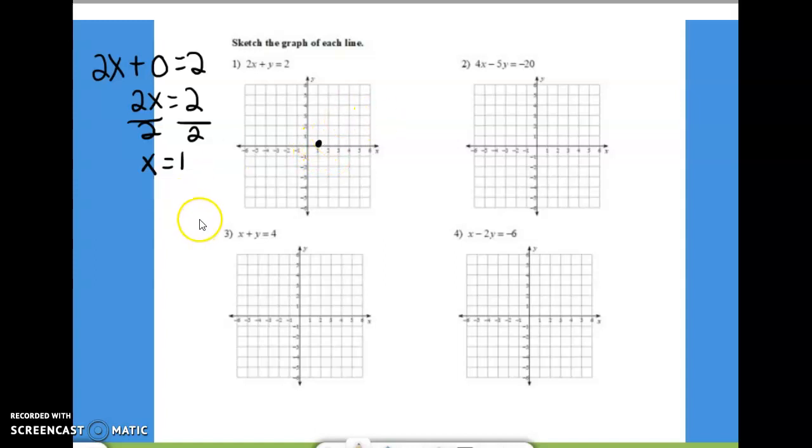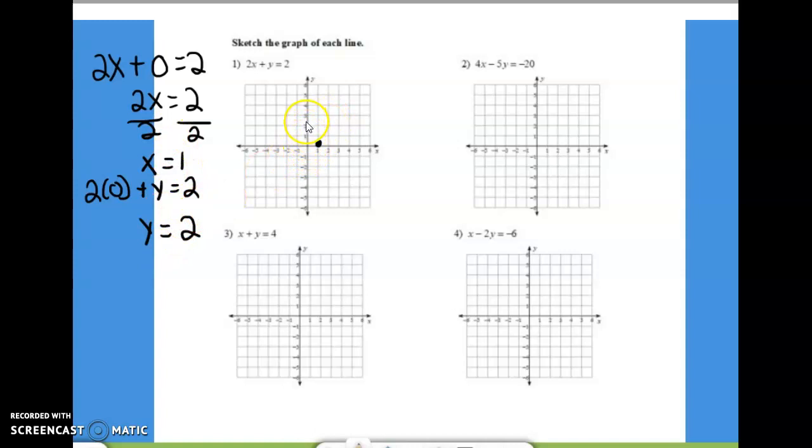Now if I want to find the y-intercept, I make the x 0. So that's going to be 2 times 0 plus y equals 2. Wow, that's a real tough one. y equals 2. So those are my two intercepts.